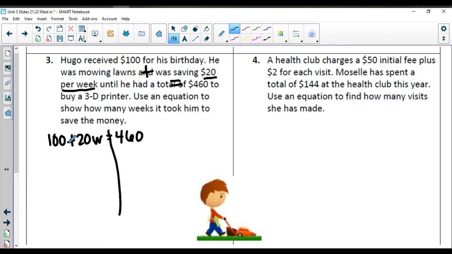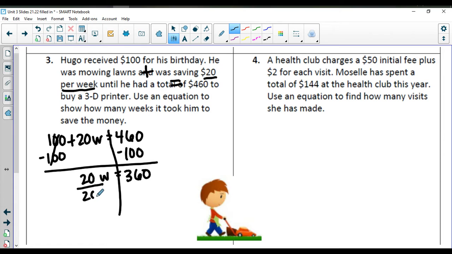I just used the variable W, but you could use an x. It doesn't really matter. Subtract 100 from both sides, and we're going to get 20W is equal to 360. Divide through by 20 on both sides. Zeros cancel off, and 36 divided by 2 is 18. So W represents 18 weeks then.